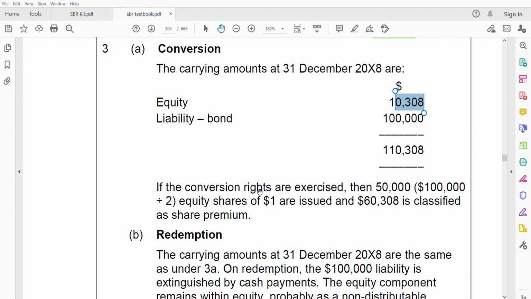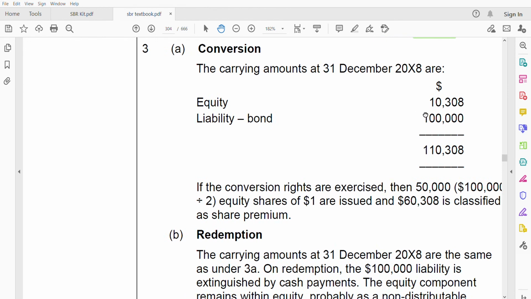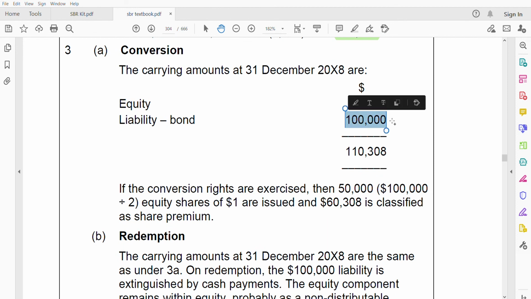If the conversion price is exercised, then 50,000, because 100,000 divided by 2. You don't take this amount and divide by 2. You only take the liability part, the bond. Equity shares of one are issued, and what is classified as share premium? This one.